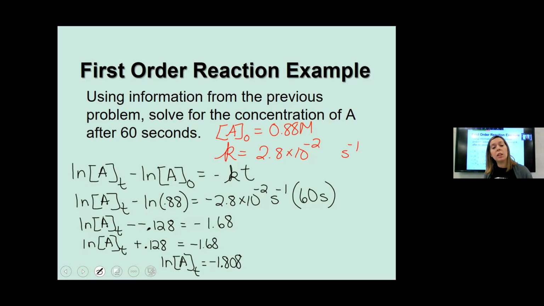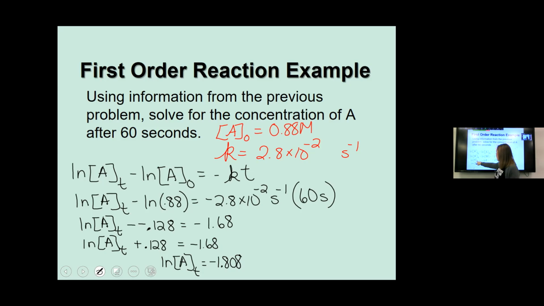All right, so let's take a look at how this needs to be set up. First off, we're looking for the concentration after a certain amount of time, so we would be looking for A at time t. So we would plug in our original concentration, 0.88, plug in K, which I accidentally said the wrong units. K was just per second because it's a first order reaction, times our 60 seconds.